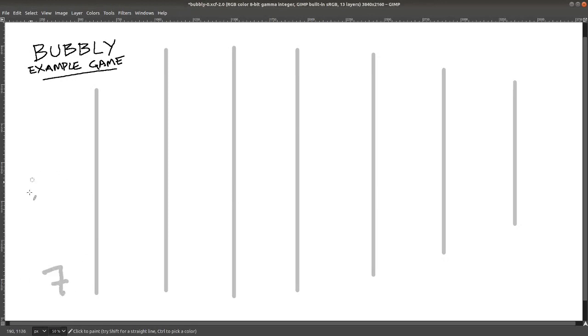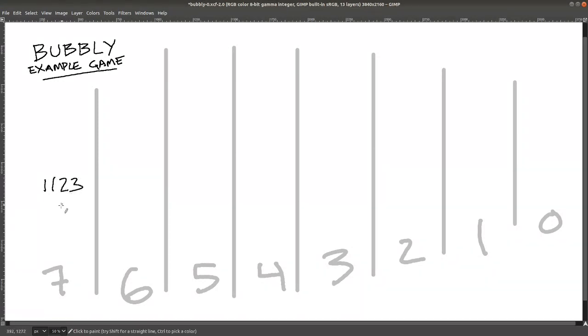So we'll start with 7 at the starting state over here. 6, 5, 4, 3, 2, 1, 0. We'll just put the state in whichever category has the number of total bubbles that are left. It'll just make it a little easier to follow. Start here with the starting state, 1, 2, 3. All right, and now all of the states that you can reach from this one.